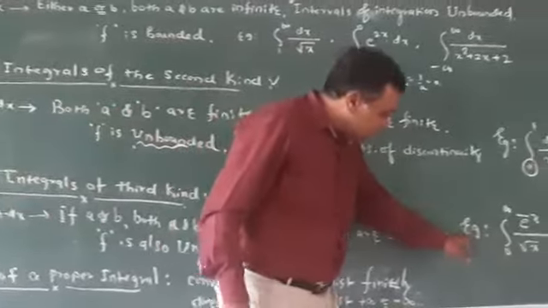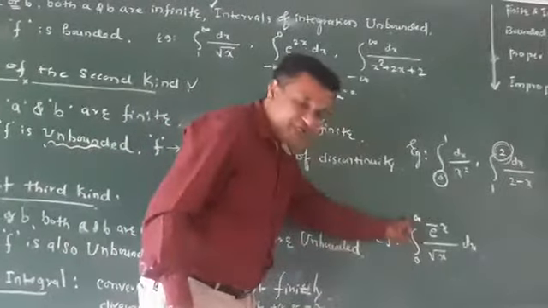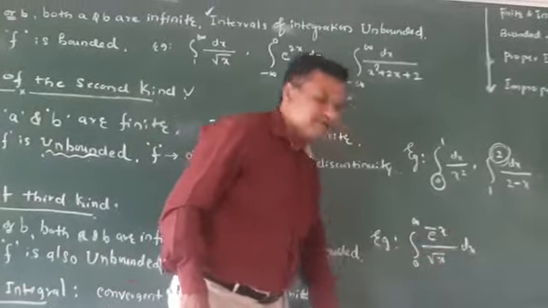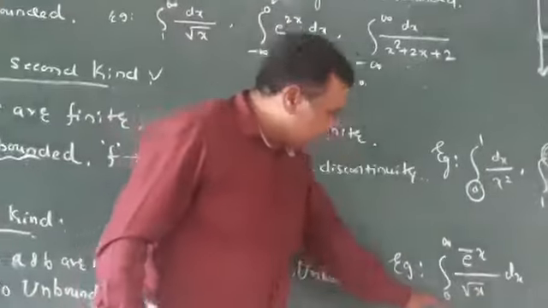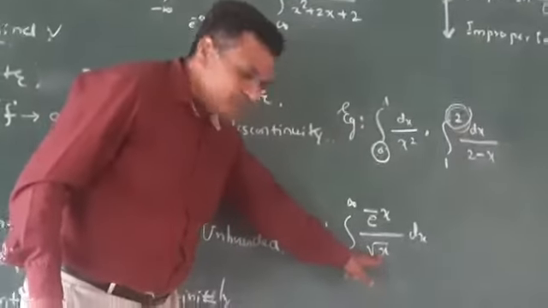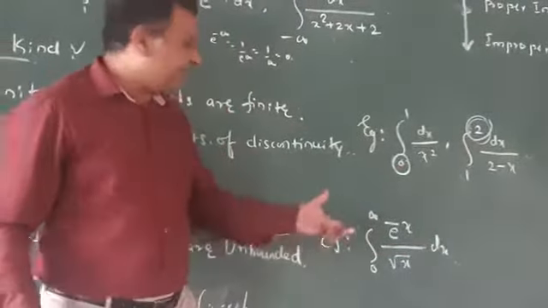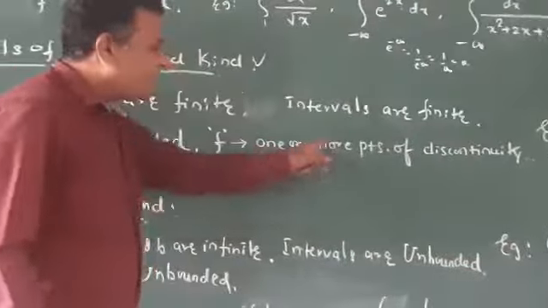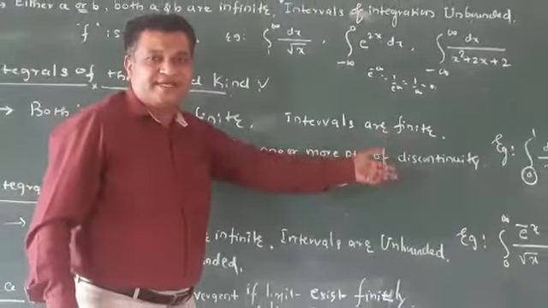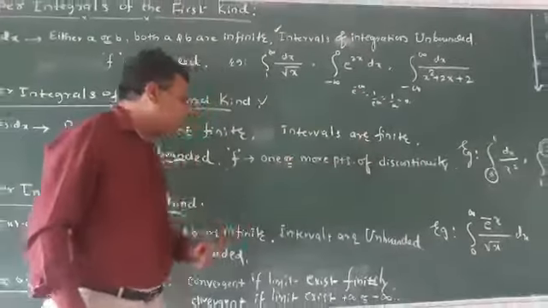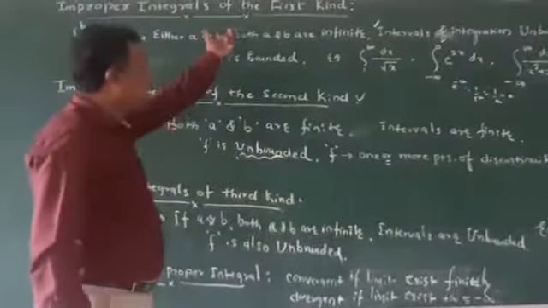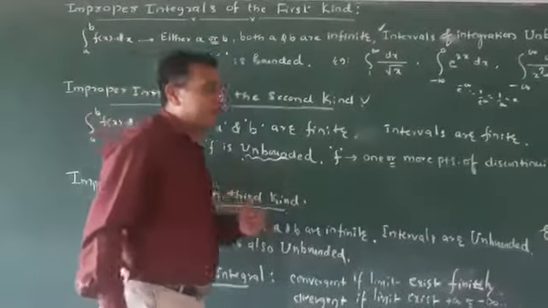First, see the example, 0 to infinity of e raised to minus x divided by root x. If you put x equals 0, it becomes 1 by 0, so it is infinite. Any one point or more points of infinite discontinuity, the function itself is unbounded. So these are the three different kinds of improper integrals.